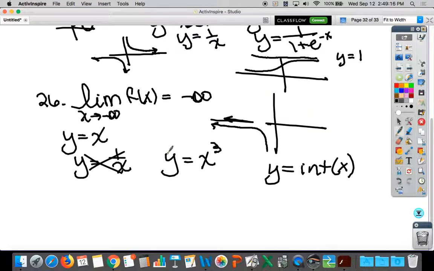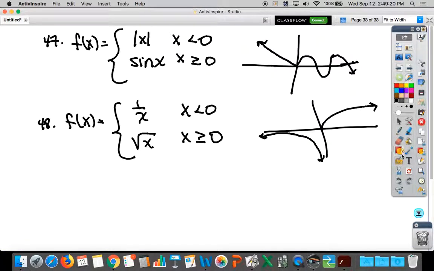Okay, so we're going to do now a couple of piecewise functions together. You'll like these. Number 45. They want us to sketch these piecewise functions, so I'm going to do a couple of them with you.